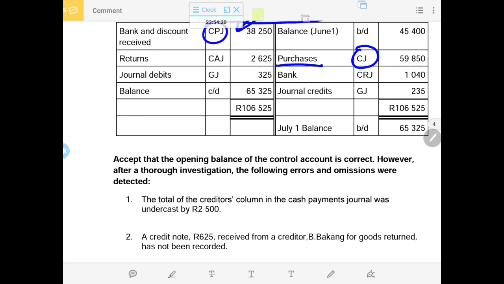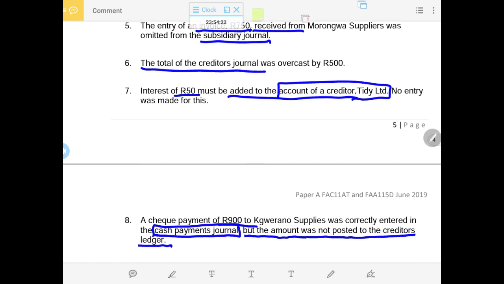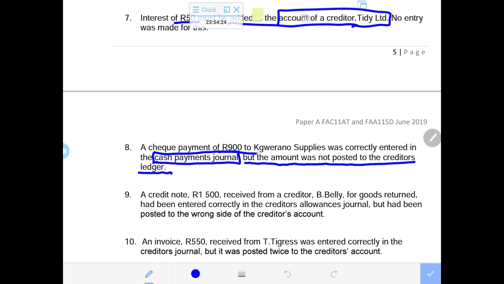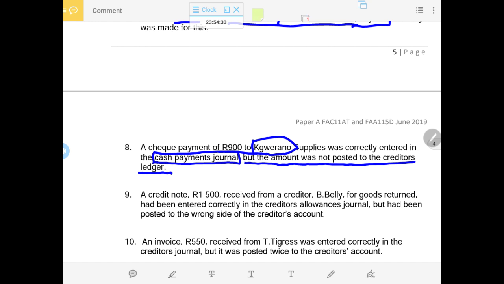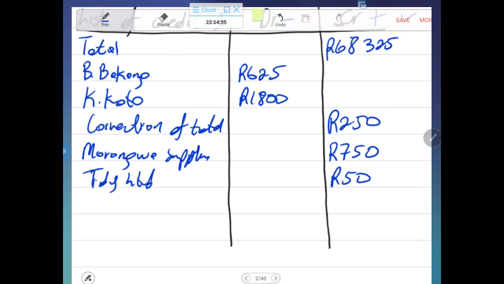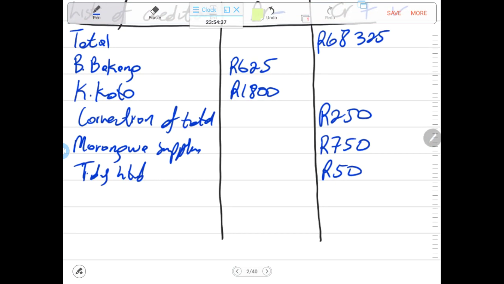But what is not correct is the list of that specific creditor, which is, as you can see, the Rhino suppliers. So now this 900 will go to the list of creditors. It will go to the list of creditors. Then we record that Huerano suppliers.